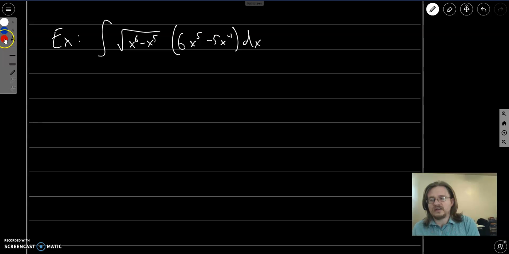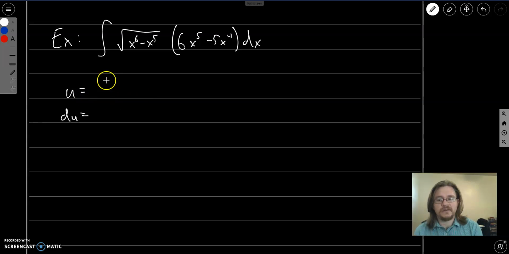So again, we want to find a u sub, so we'll need to know what u is and what du is. u is going to be some function, and du is essentially the derivative of that function. So when we stare at this, do we see a function in here, but also its derivative, the differential part of it?